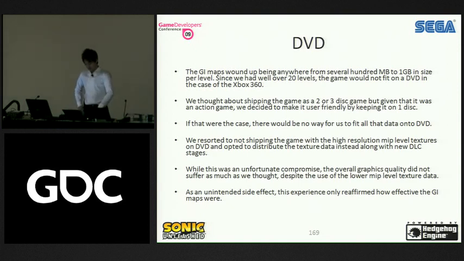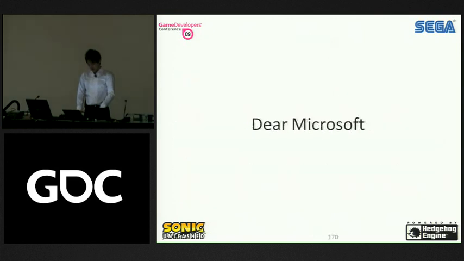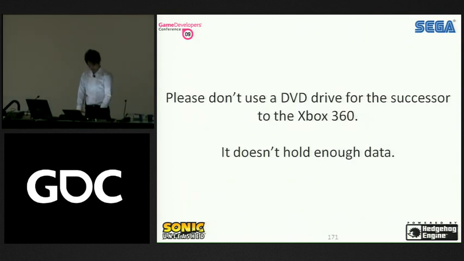Rather than putting the high resolution MIP on the DVD, we decided to include that information in the DVD layout offline. And unfortunately, we don't feel very happy about this, but even with low resolution MIP, it actually didn't really lower the quality. Actually, this really brought home the value of the power of GI.